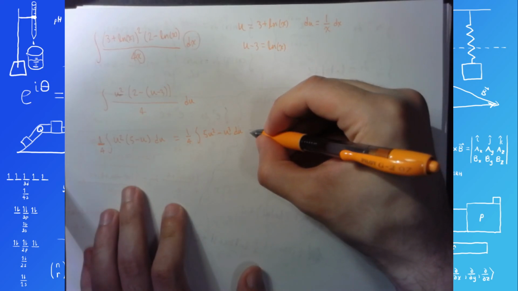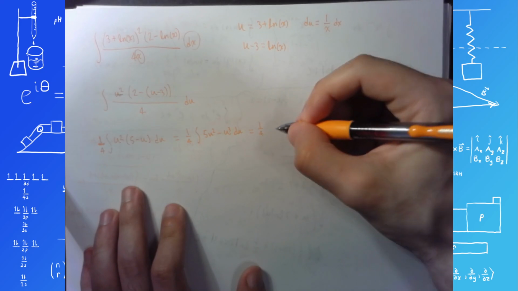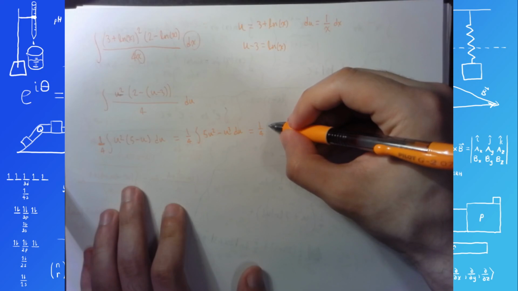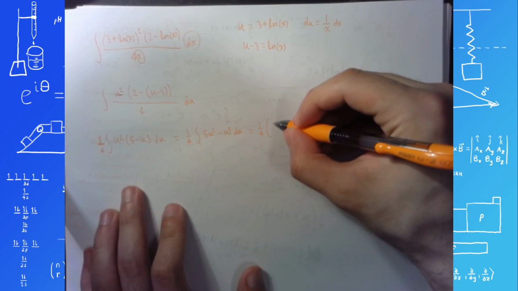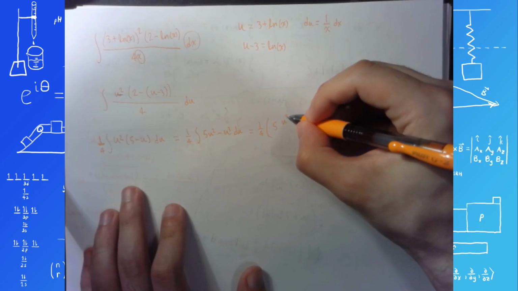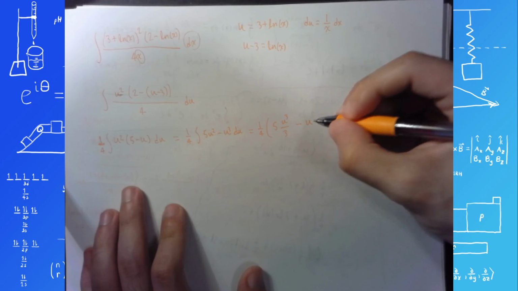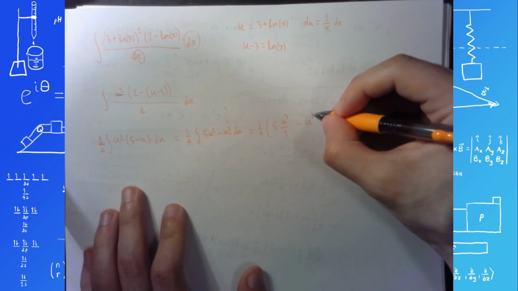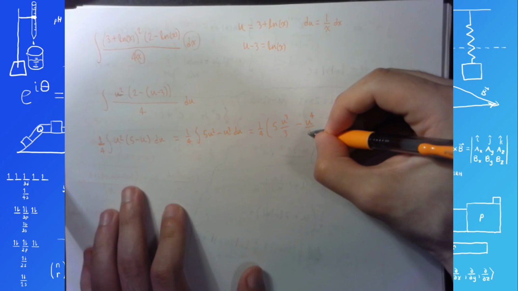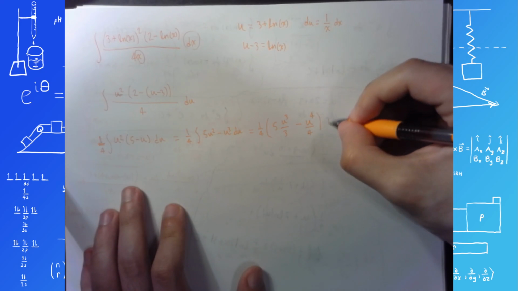So that's going to be 1/4 of 5u cubed over 3 minus u cubed becomes u to the 4th over 4, and plus c.